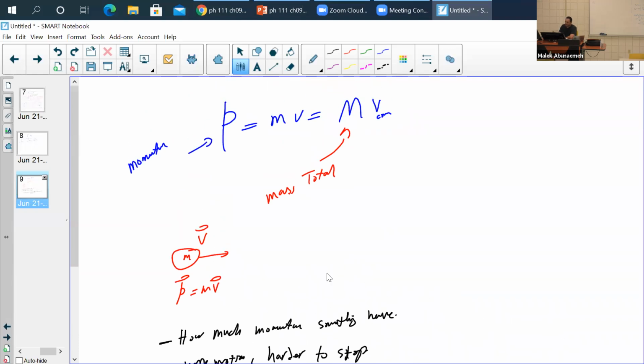So basically, let me go right ahead and write this down also. Your force, we said, is how much the momentum changes by dt. That means to change the momentum, you need to apply the force over time, and we call that the impulse.